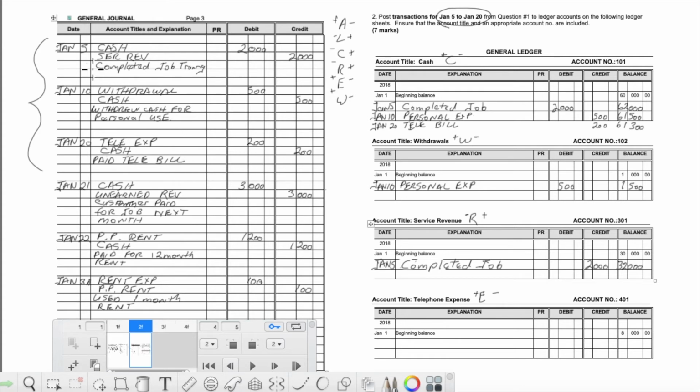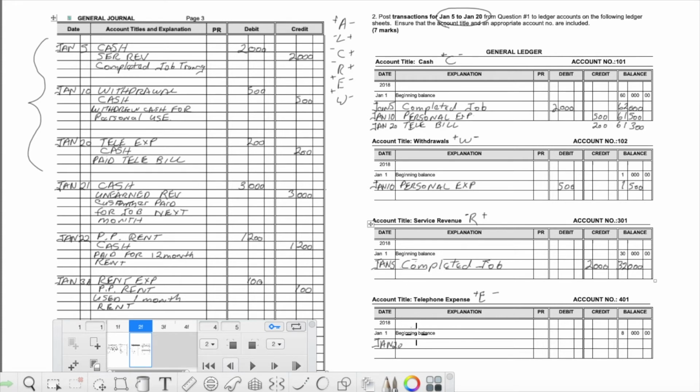All right. What's next? Expenses, telephone expense. Withdrawals, cash. We did this one here. So there was a telephone expense here. If we had multiple telephone expenses, we'd keep adding to it if we were going beyond the January 20th, but there's only the one today. So on January 20th, down here on the bottom, space January 20th, and what was the explanation?